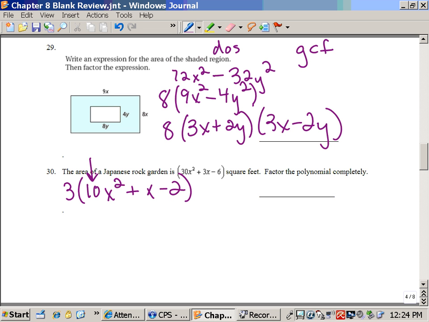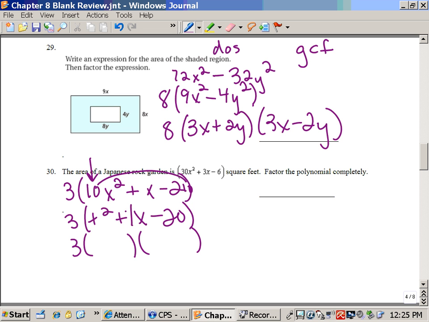There's a number in front. It has 3 terms. They're not perfect squares, so I need to do slip and slide. That gives me x squared plus x, which is 1x, minus 20. So I need to think of 2 things that multiply to give me negative 20 and add to give me 1.